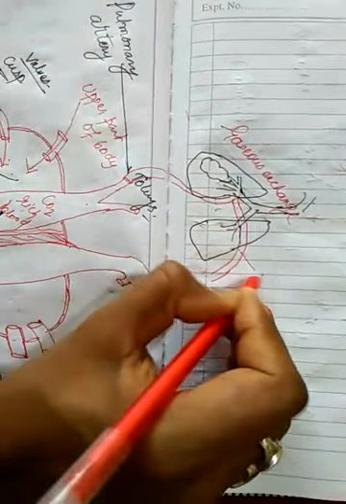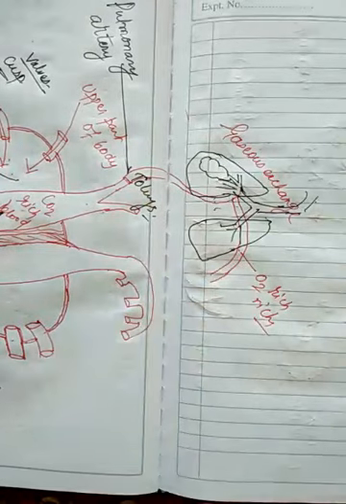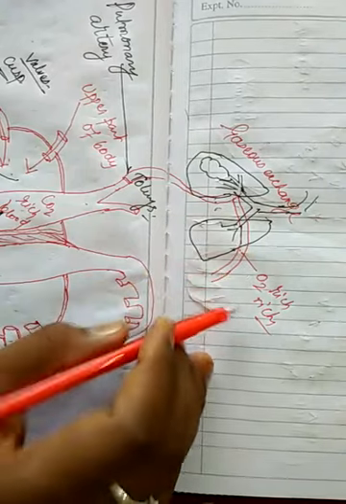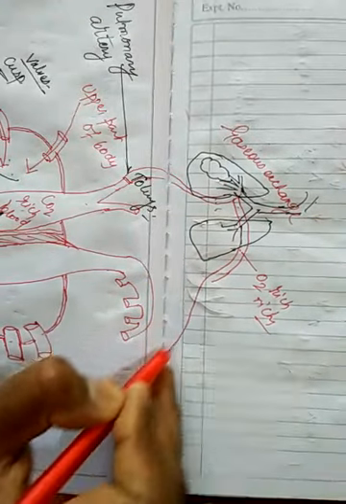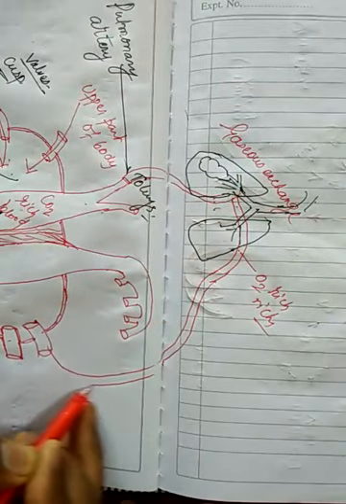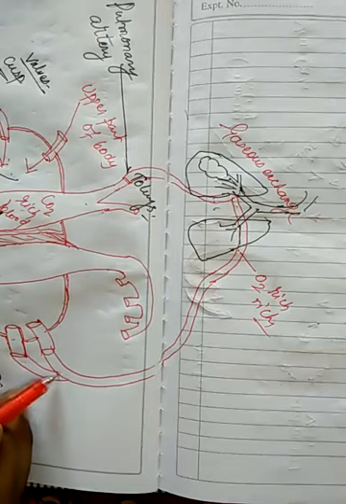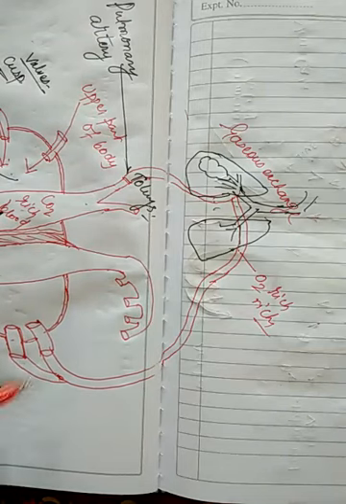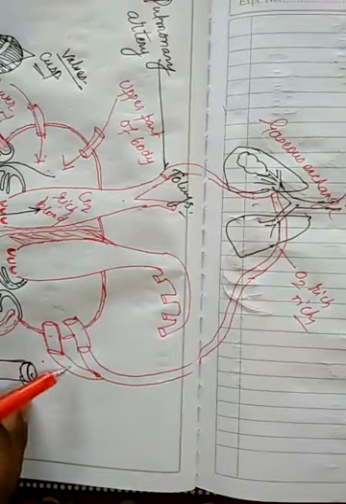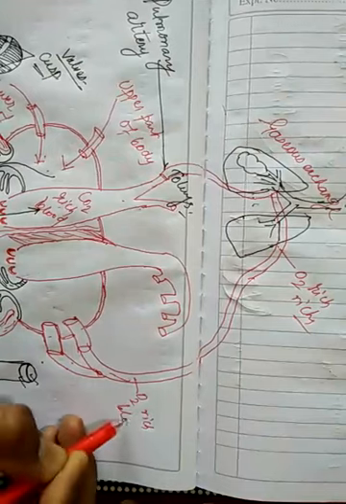And this blood carries O2 rich blood, because carbon dioxide is released in the alveoli and oxygen is captured by the hemoglobin, and then it is coming to the heart again. You see, it is coming to the heart again. It connects with the left auricle of the heart, and they carry O2 rich blood, isn't it?